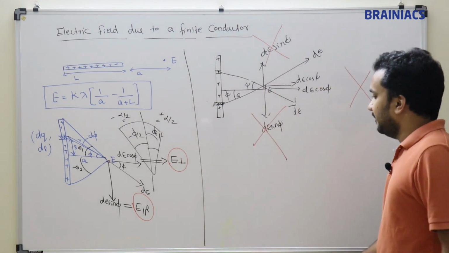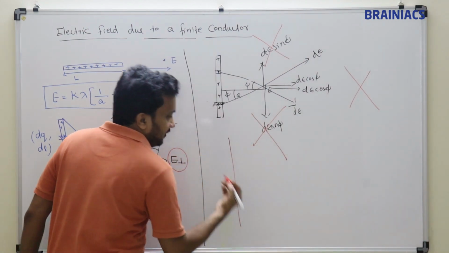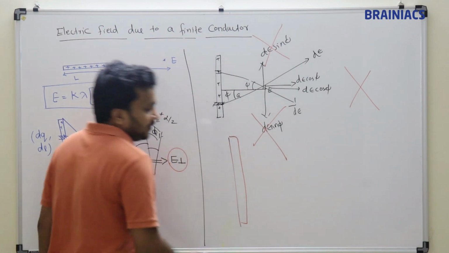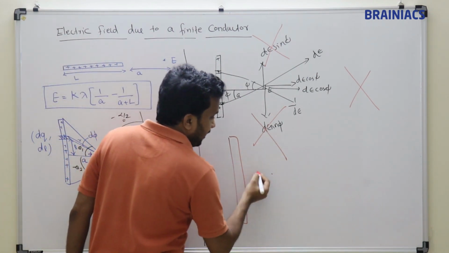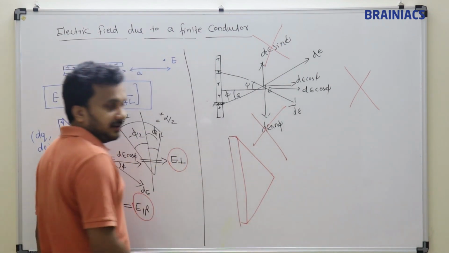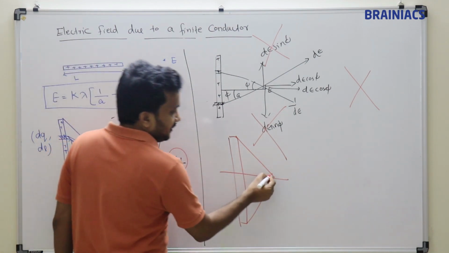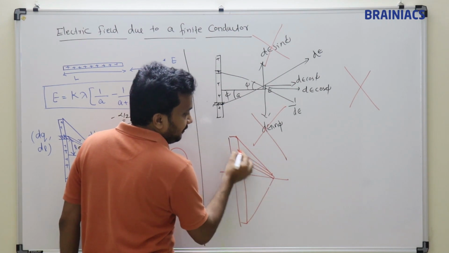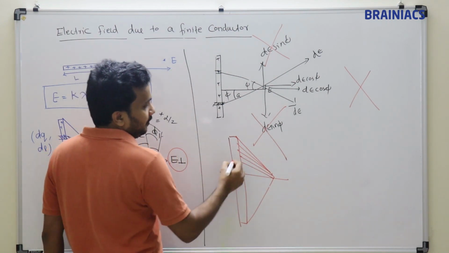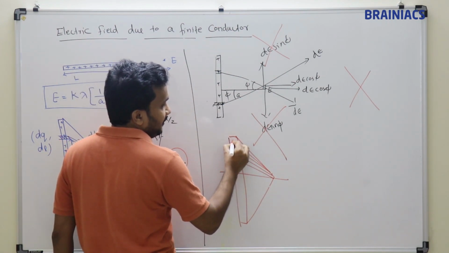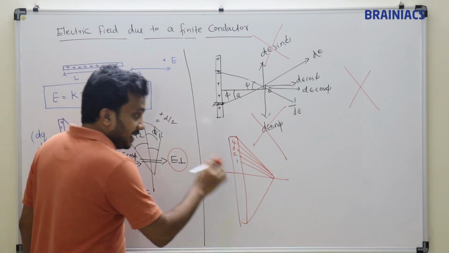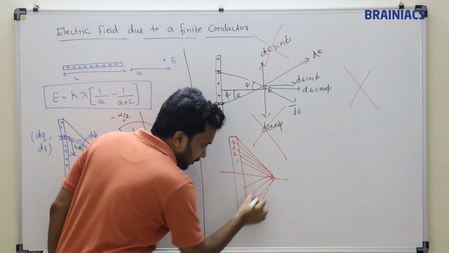let me take an example. Now this is a conductor, correct? For this conductor you take the middle point. From the center point you can take any number of pieces. So this is piece 1, 2, 3, 4. Suppose here you have 4 pieces, and the same pieces you can draw at the bottom, 1, 2, 3, 4.